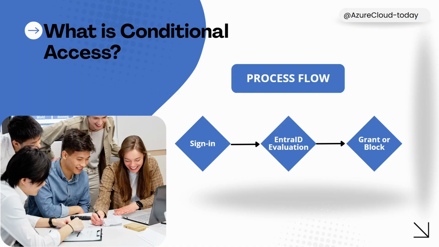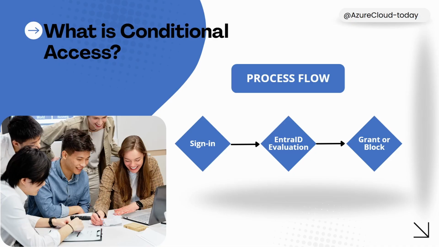What is conditional access? Conditional access policy is Microsoft's way of deciding who can access your company's resources, what resources they can access, from where, and under what conditions. Let's understand this with an example.